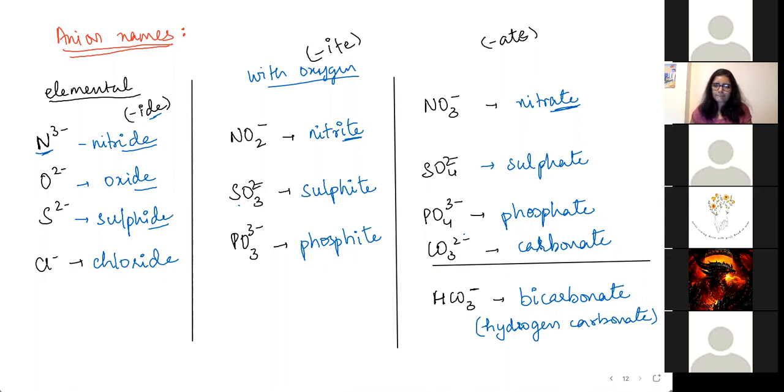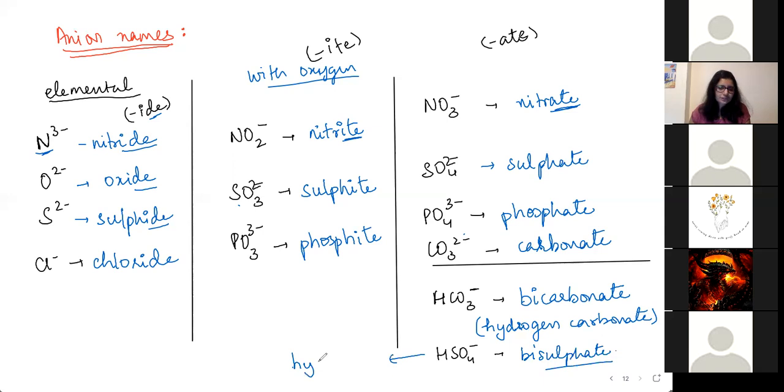Okay. Similarly, if it is HSO4 minus, this is called bisulfate. Also, you'll see textbooks write hydrogen sulfate. It's just one hydrogen added to the sulfate.